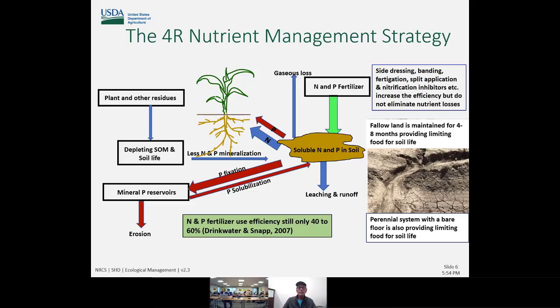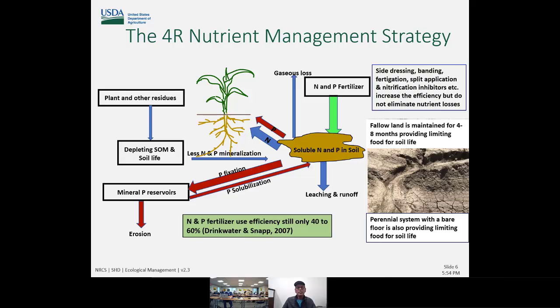So in this case, they would do side dressing, banding, fertigation, split application. And especially for nitrogen, they use nitrogen inhibitors. That increases the efficiency, but does not eliminate nutrient losses.